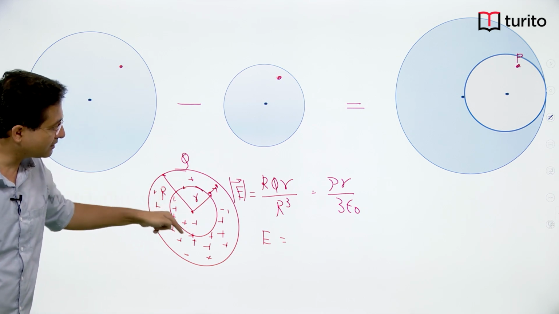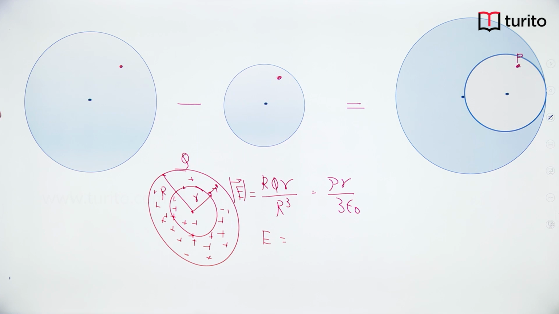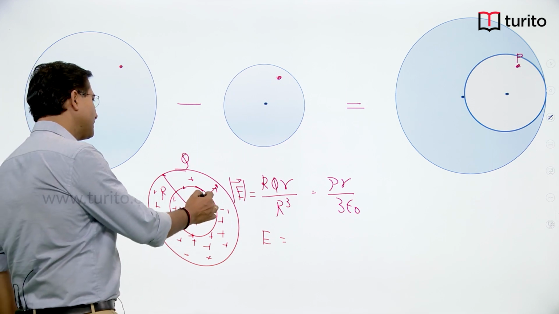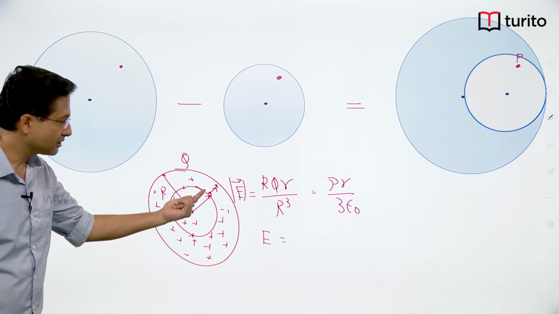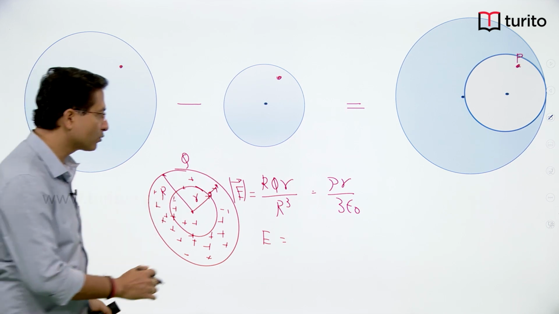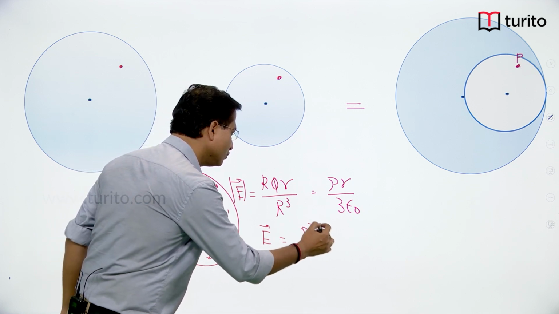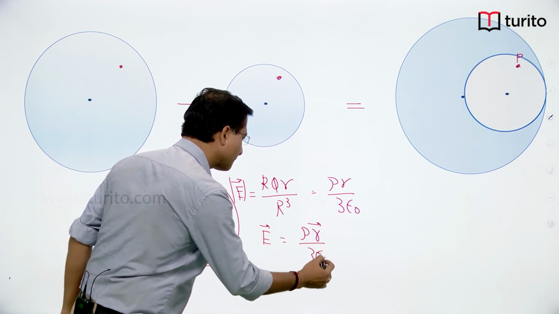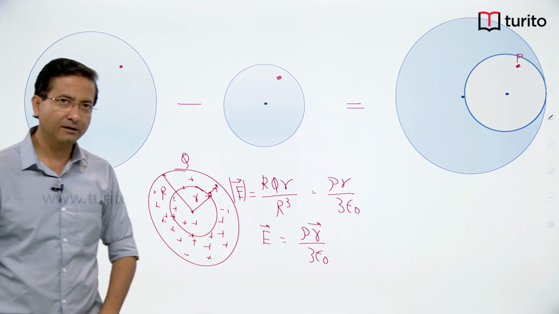For all these points at distance r, radially outward, right. So, the direction of the field will be the same as the direction of r, whatever be the direction of r. So, to write this in vector form, I can use this expression.